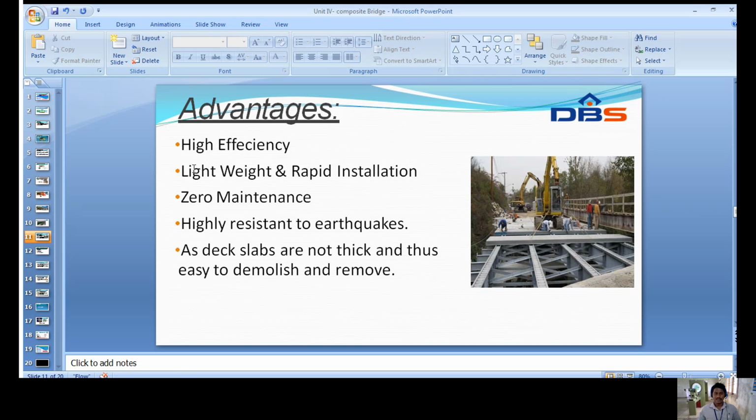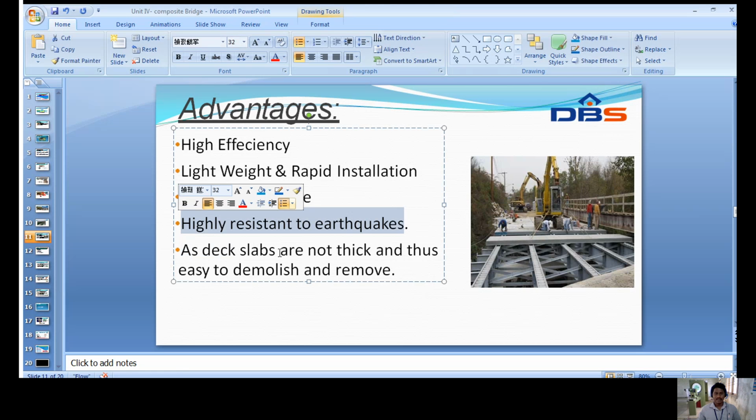Light weight and rapid installation mean it is weightless and easy to build. Zero maintenance, and highly resistant to earthquakes. This is most important, because nowadays in India earthquakes have become common within these two decades. Also, deck slabs are not thick, and thus are easy to demolish and remove.